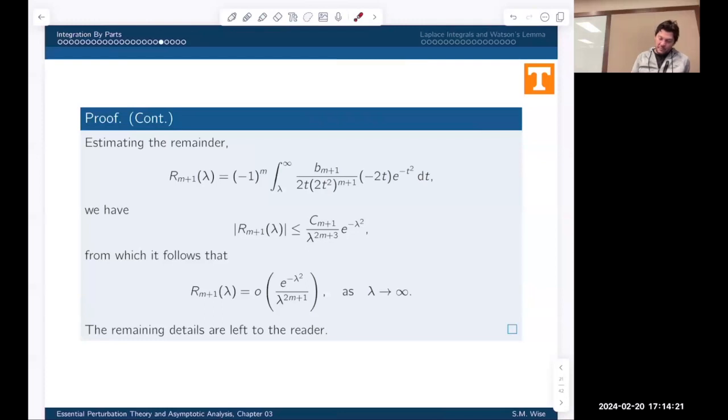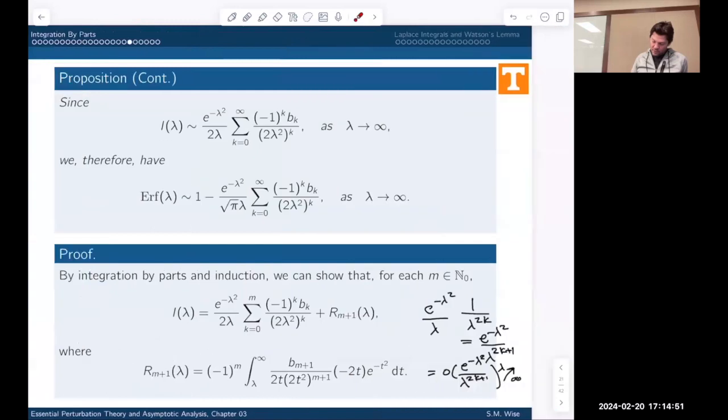So here's our remainder. And we can estimate this on the upper side, I claim, by some constant. It depends on m, but otherwise it's just a throwaway because I'm going to fix m. Okay, and take lambda large. So all I need is really the dependence of the size of this guy on lambda. E to the minus lambda squared and lambda to the 2m plus 1.